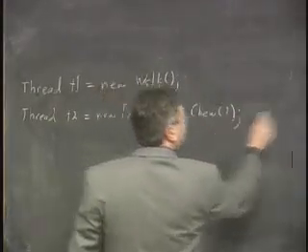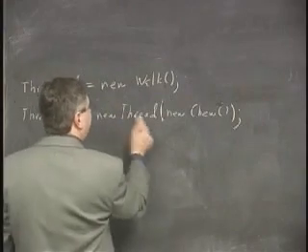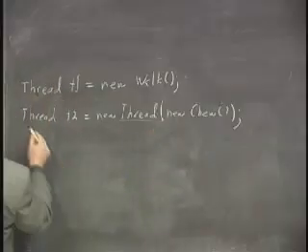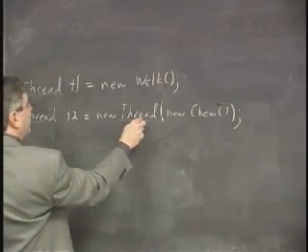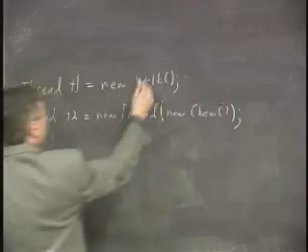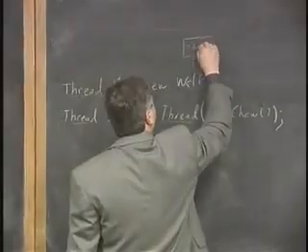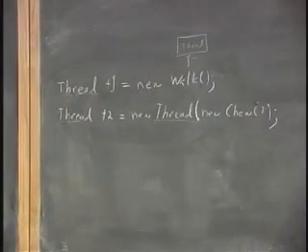I make one of these Chew objects, which implements Runnable, and then I feed that as the argument to the constructor of Thread. So both of these things, at some level, are threads. This one, I've made a thread directly. This one, I've made a Walk, but Walk, if we remember, inherits from Thread. Now I've created them, but they don't start running even yet.